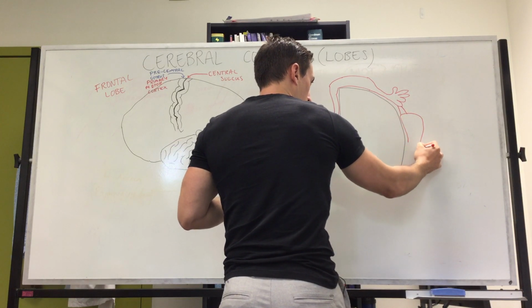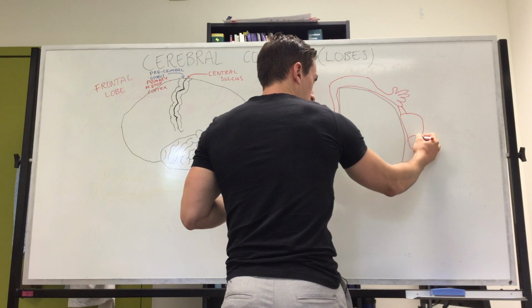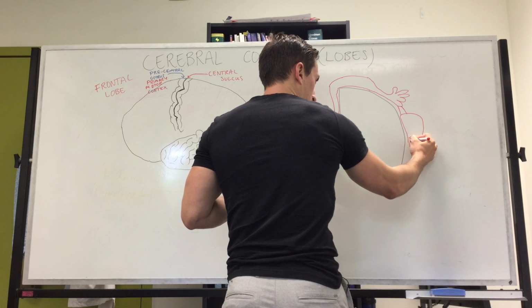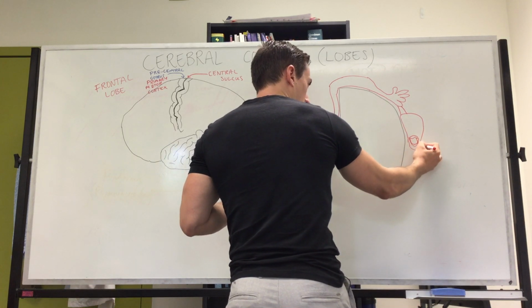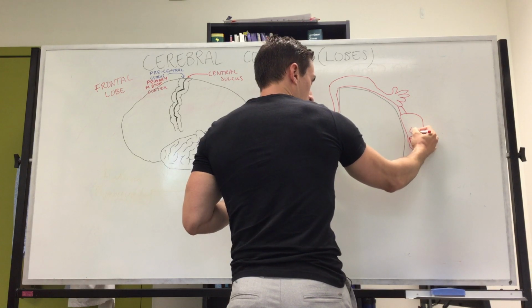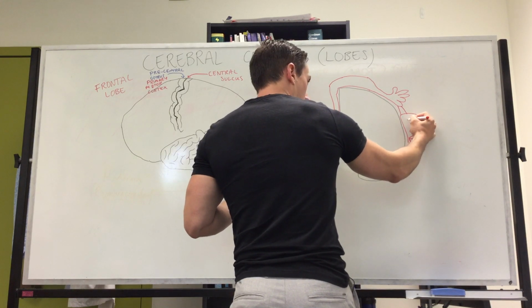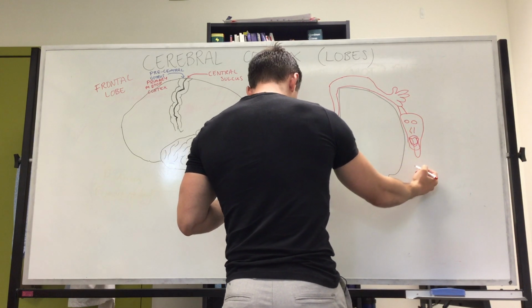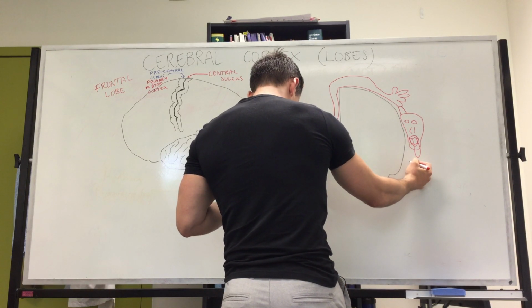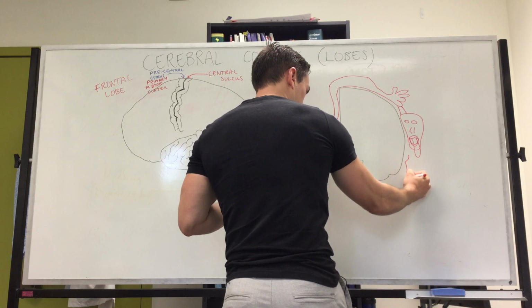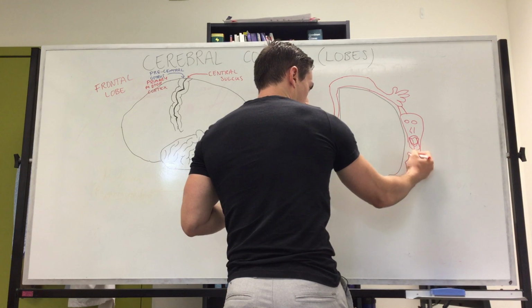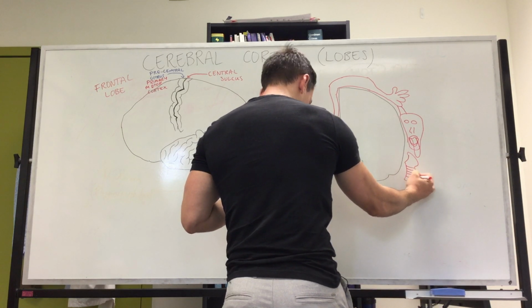Again, I'm not a very good drawer. Chin, mouth, tongue is going to be quite large. Nose, eyes. After that, we're going to have the trachea and windpipe moving down. Okay.